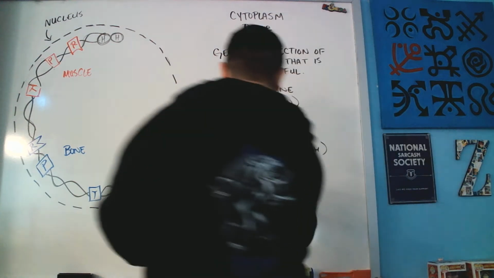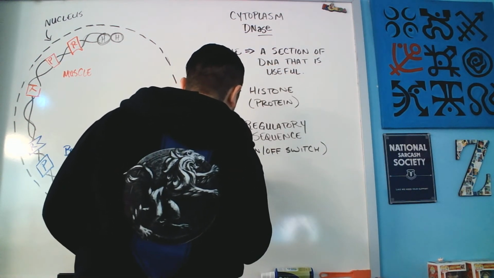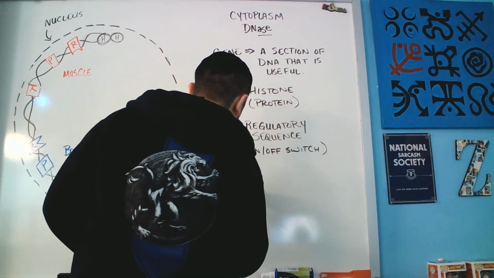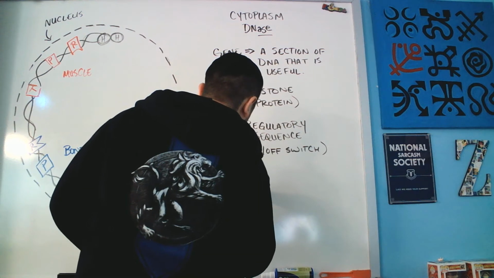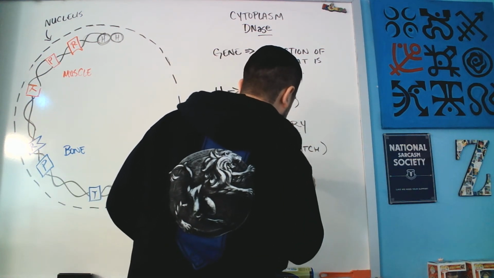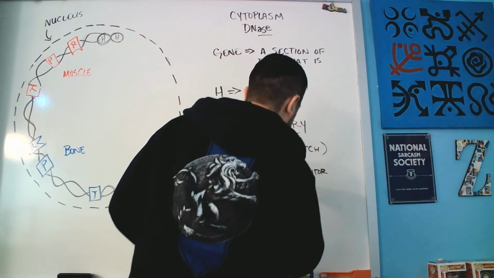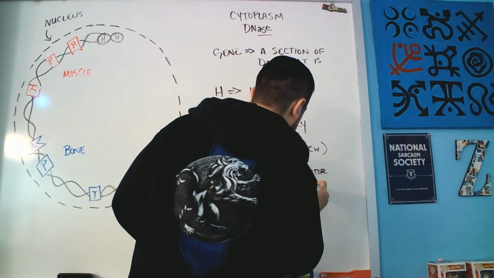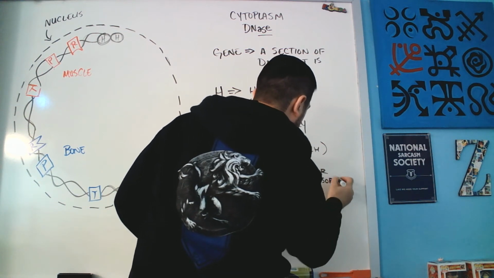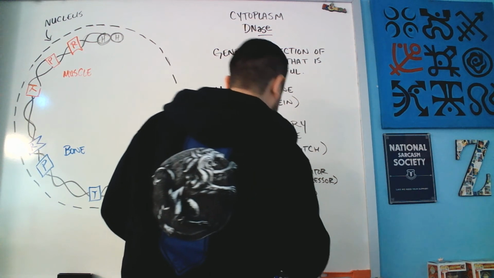So for on, we're going to have things like activator proteins that will bind to the DNA, and for off, we'll have things like inhibitor, also referred to as repressor proteins that will bind for the off position.